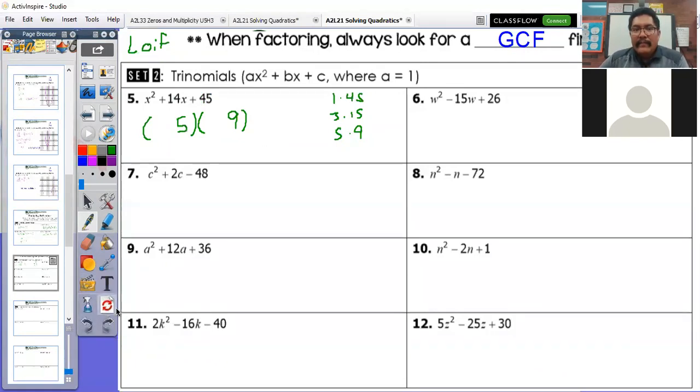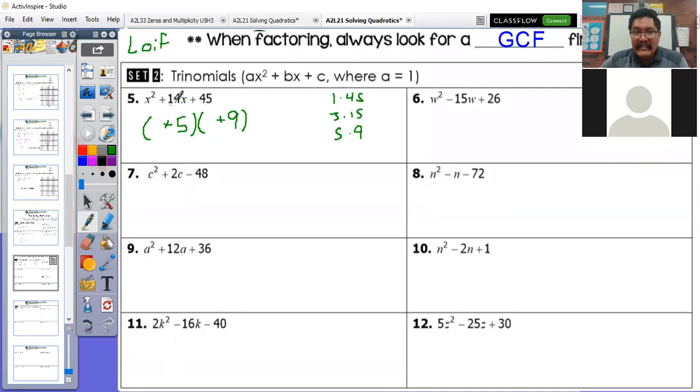Now this positive means they are the same. It means that the signs that go in here are going to be the same sign on both of them. If they are the same, they will be the same as whatever the first one is. So in this case, they are both positive. And this makes sense because positive 5 times positive 9 is positive 45.